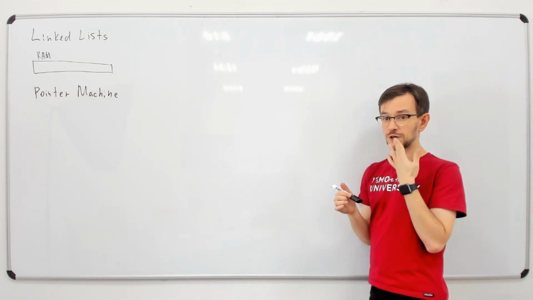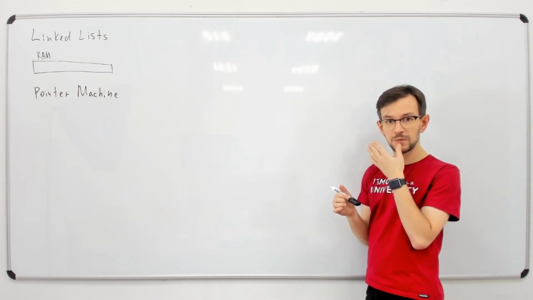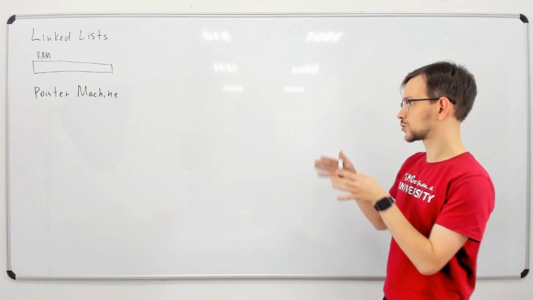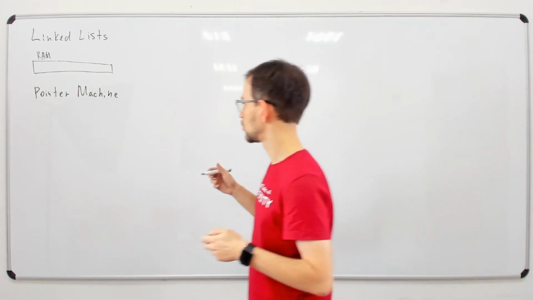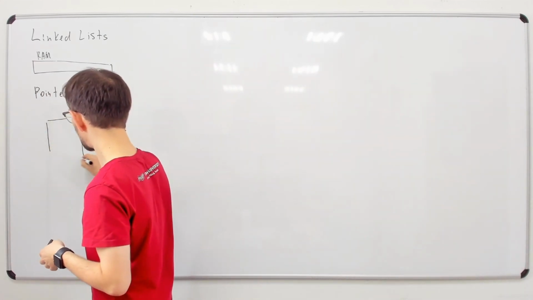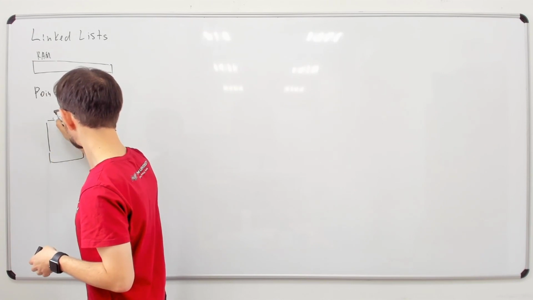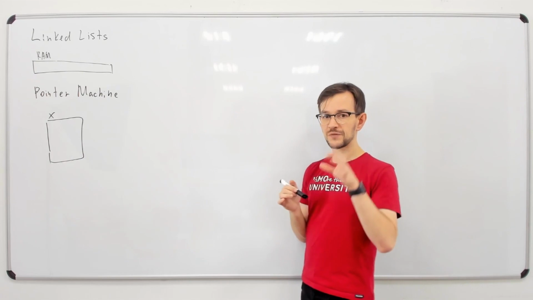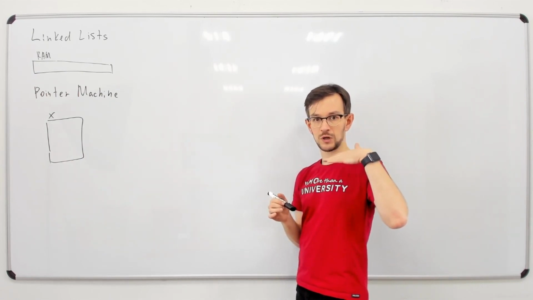So what is a pointer machine? A pointer machine is a very simple computational model. In a pointer machine, all your data is stored in some nodes. So you may have a big number of nodes. Each node, let's say node X, may have some constant number of fields.